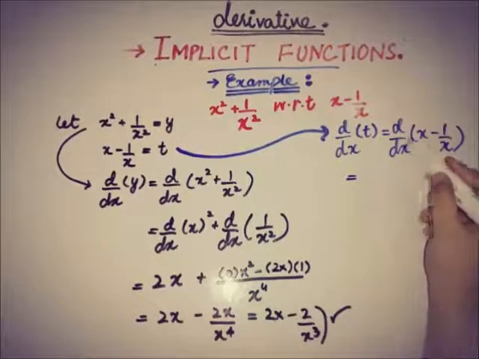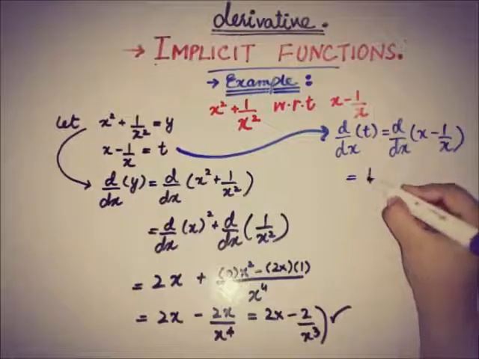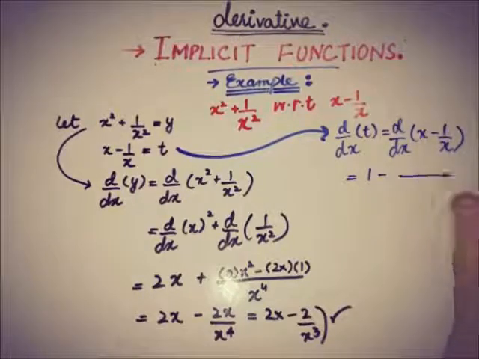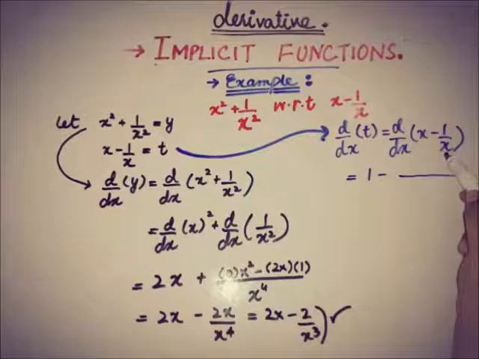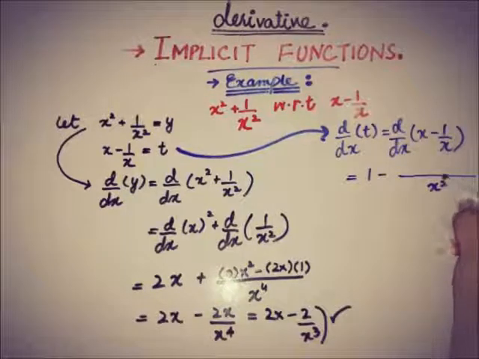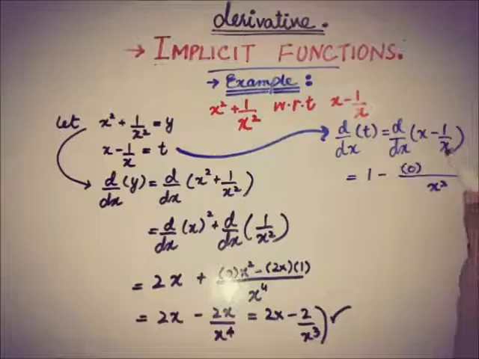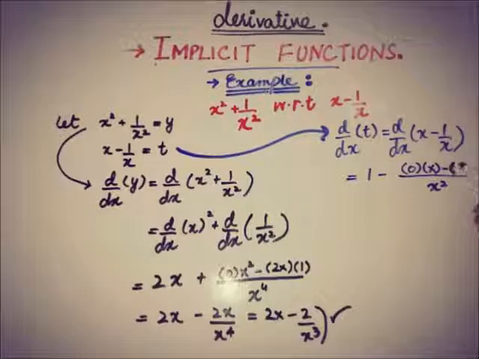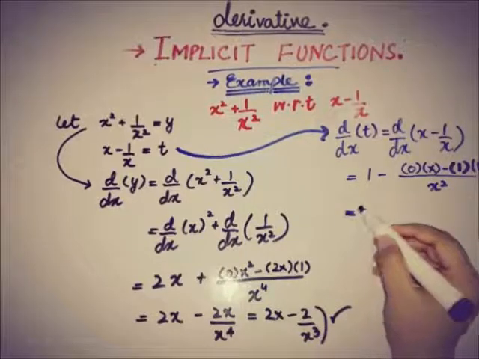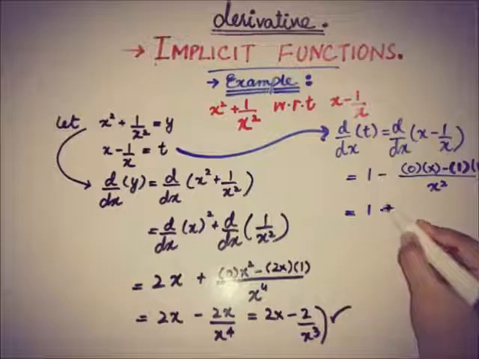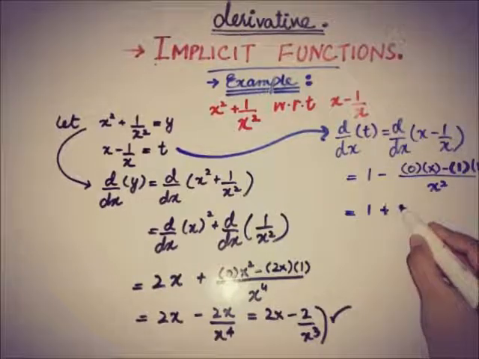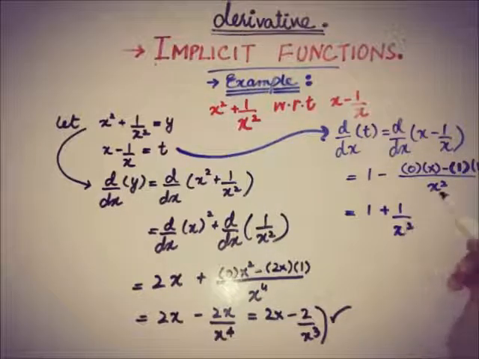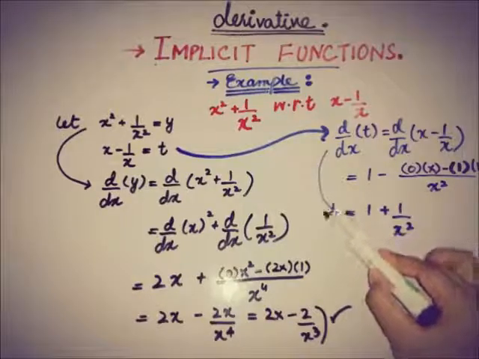So that is dx by dx is equal to 1, minus, using the quotient rule here, the square of the function in the denominator, then the derivative of the first function, 0 because 1 is a constant, the second function as it is, minus the first function as it is, and the derivative of the second function that is in the denominator, so dx by dx is also 1. So we will get 1 positive, negative, negative become positive, 1 by x square. So this is the rate of change of t with respect to x.